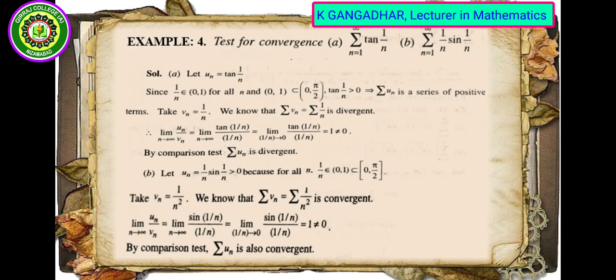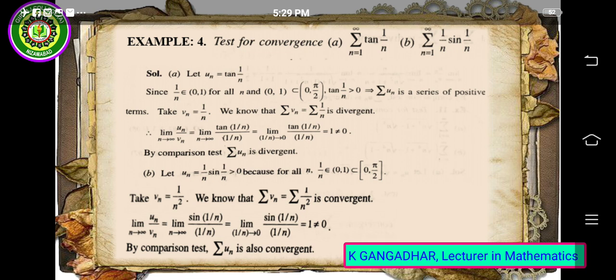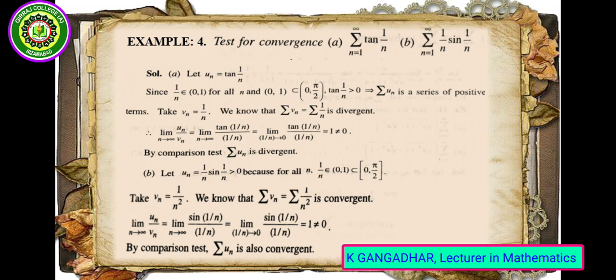So next problem, test for convergence of sigma tan 1 by n and sigma 1 by n sin 1 by n. Sigma tan 1 by n. So Un equal to tan 1 by n. So here we choose Vn value 1 by n.